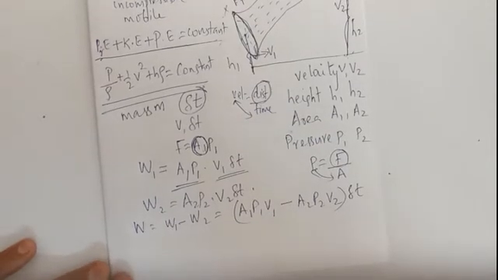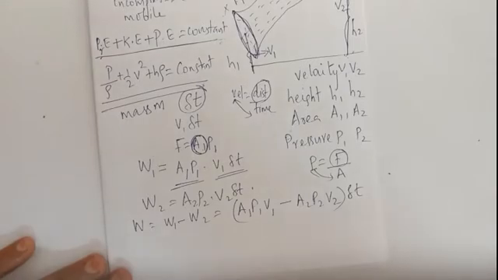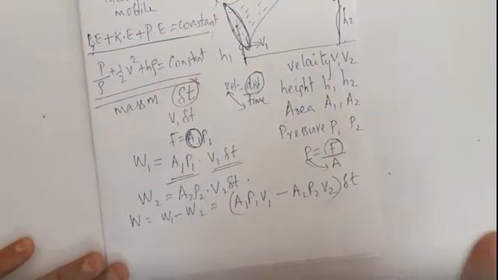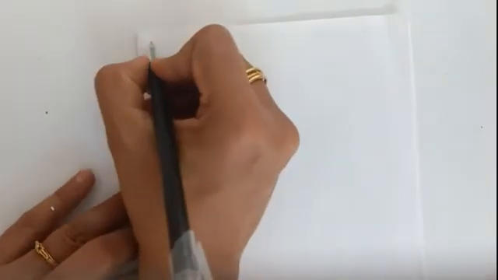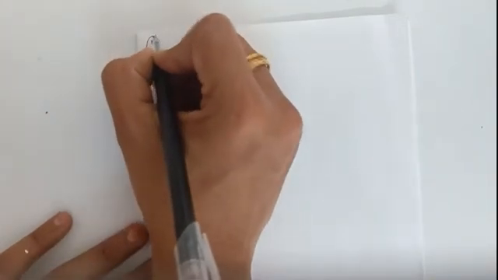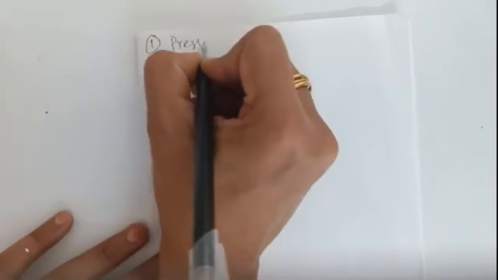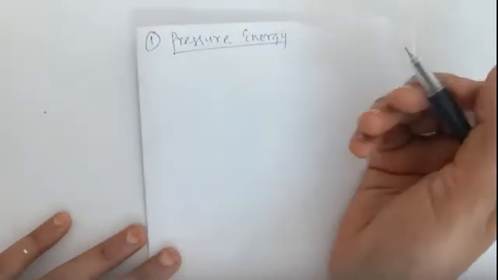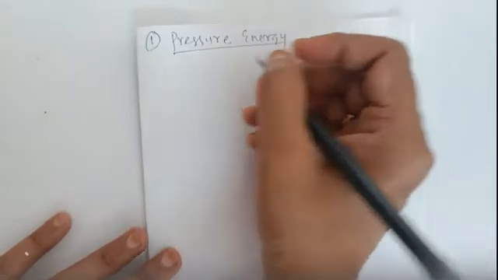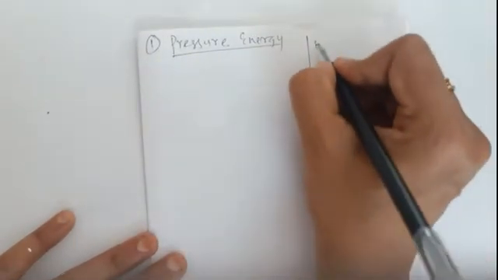Okay, now we shall once again start with our pressure energy, potential energy and kinetic energy. We will take in general as P and then we will start writing with these variables. Let us first consider the pressure energy. I will write the formulas once again.